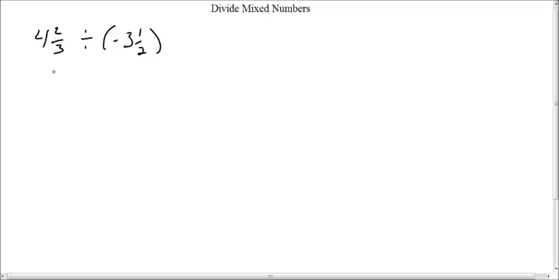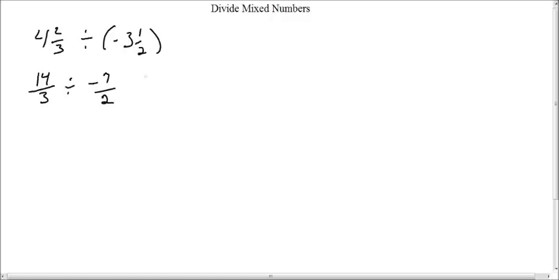So 3 times 4 is 12 plus 2 will give us 14 over 3, divided by 2 times a -3 is a -6 plus 1 is a -7 over 2.